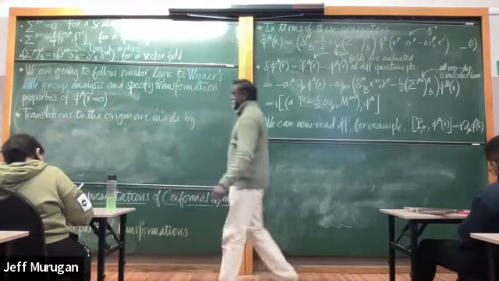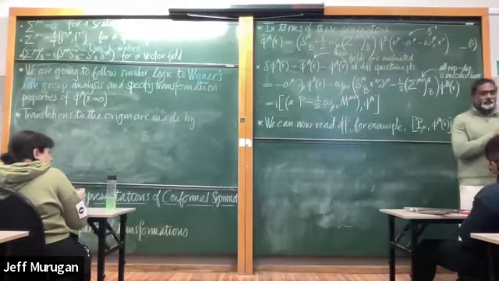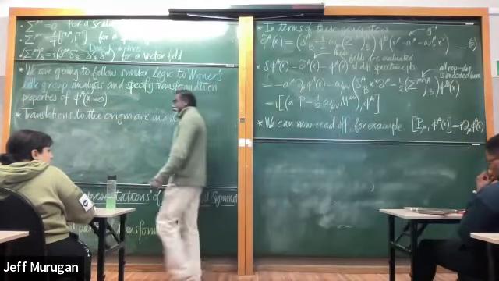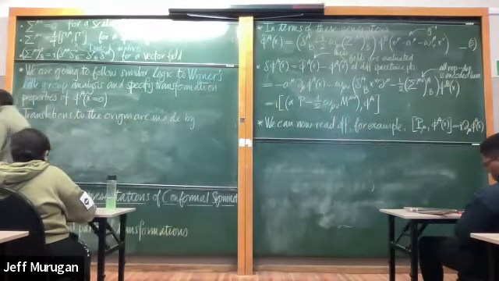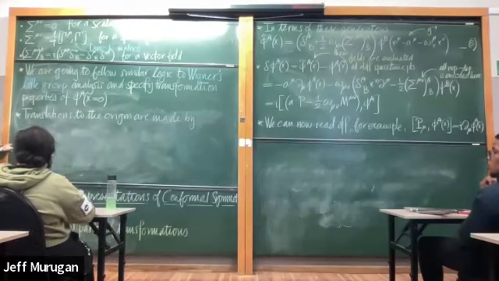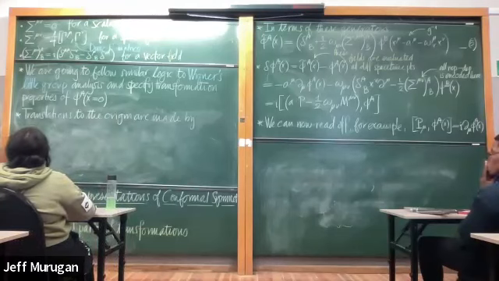In order to translate a field to the origin, I do what we do in going between, let's say, the Schrodinger picture and the Heisenberg picture. There, in the Schrodinger picture my operators are time independent, and in the Heisenberg picture they're time dependent, and I relate them by an exponential of the Hamiltonian.